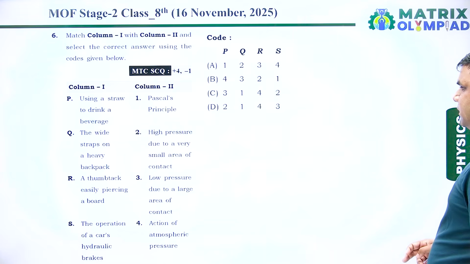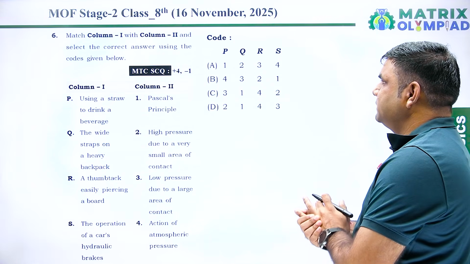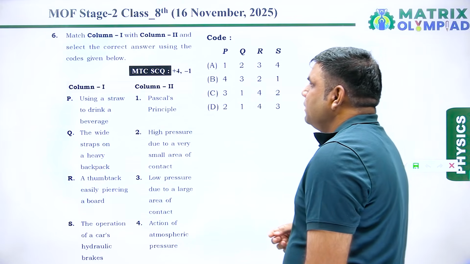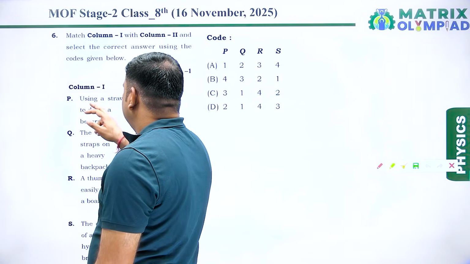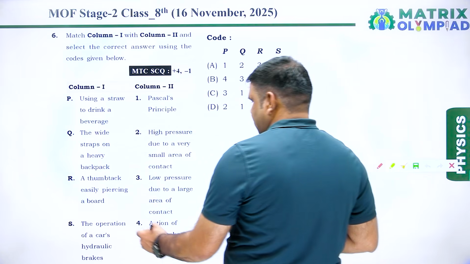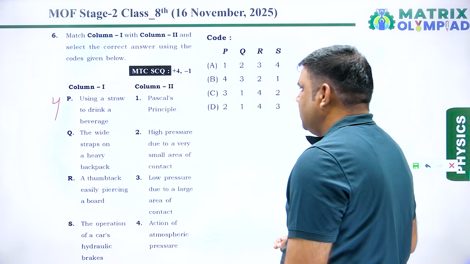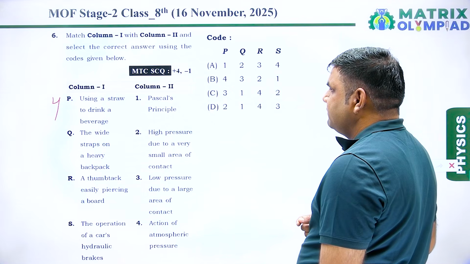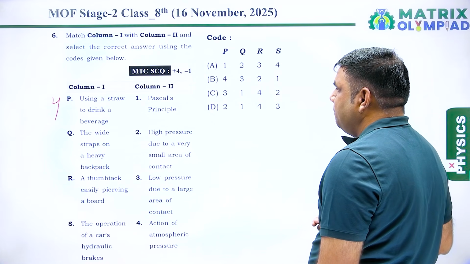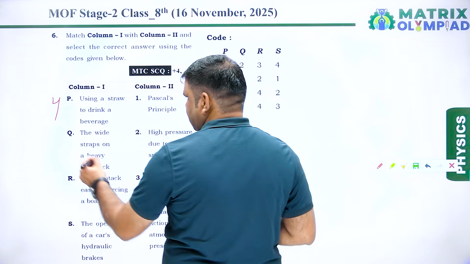In the next question, question number 6, we have to match column first with column second. In column first, P, using a straw to drink a beverage, is the action of atmospheric pressure. Q, wide straps on a heavy backpack, is matched with low pressure due to large contact area.